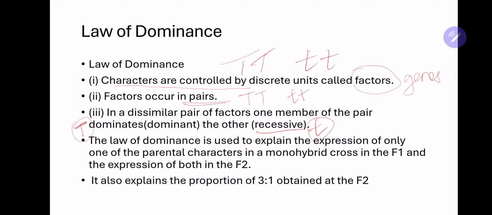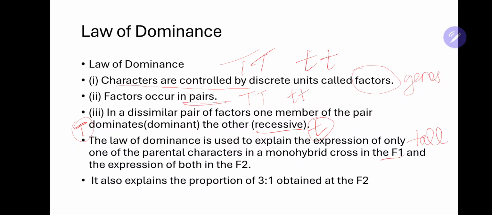So this law of dominance is used to explain the expression of only one of the parental characters in monohybrid crosses, that is in the F1, and the expression of both in F2. As you know, in the F1, the result was capital T small t. So it helps in the expression of only one parental character in F1, that is the tall.